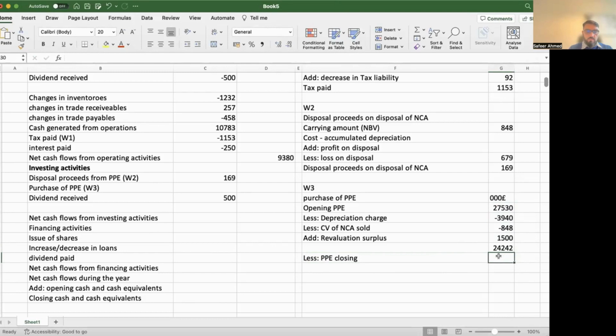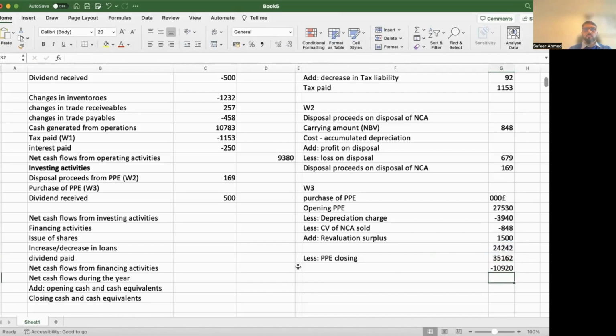So this year's statement of financial position, property, plant, and equipment is 35,162. And the difference between the two will give you purchase of property, plant, and equipment, which is the difference between this and this.